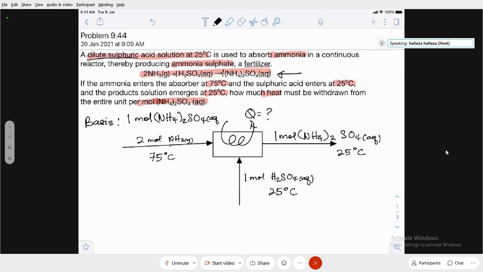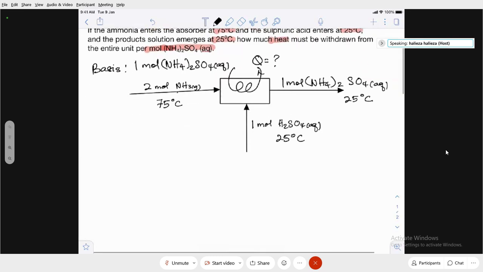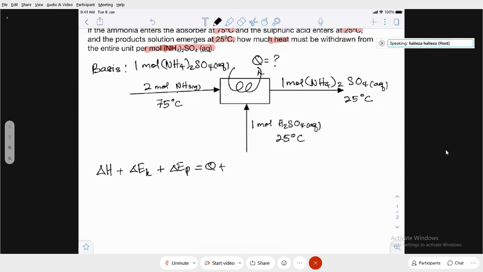First. So that's your basis. Now, we need to find the Q. If you write the full equation, you don't have to put the dot over there because it's just an amount, it's not a flow rate. Your kinetic energy, your potential energy equals Q plus Ws.